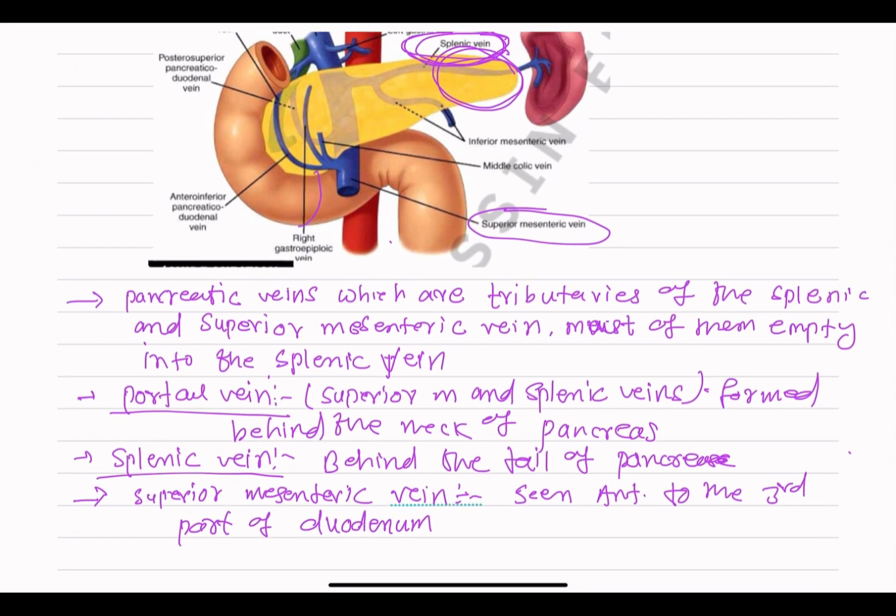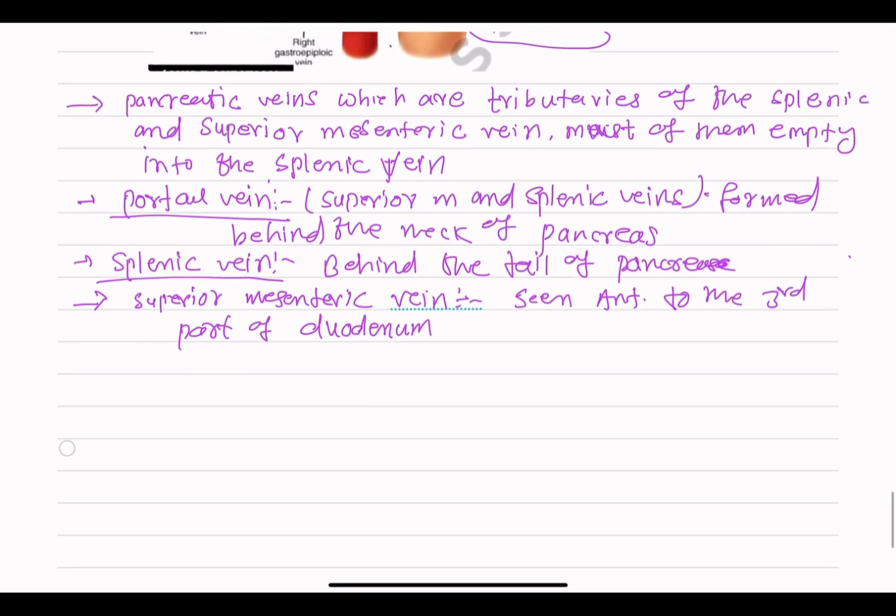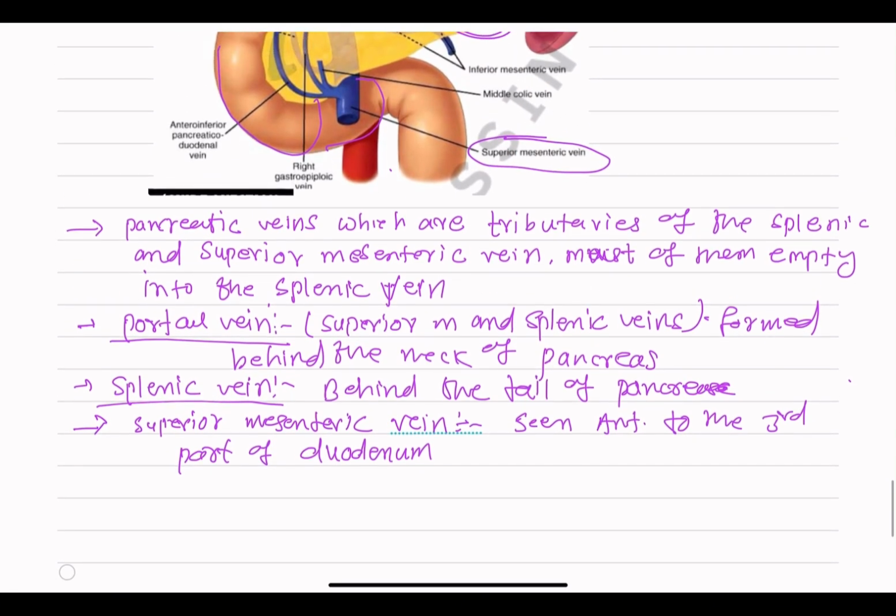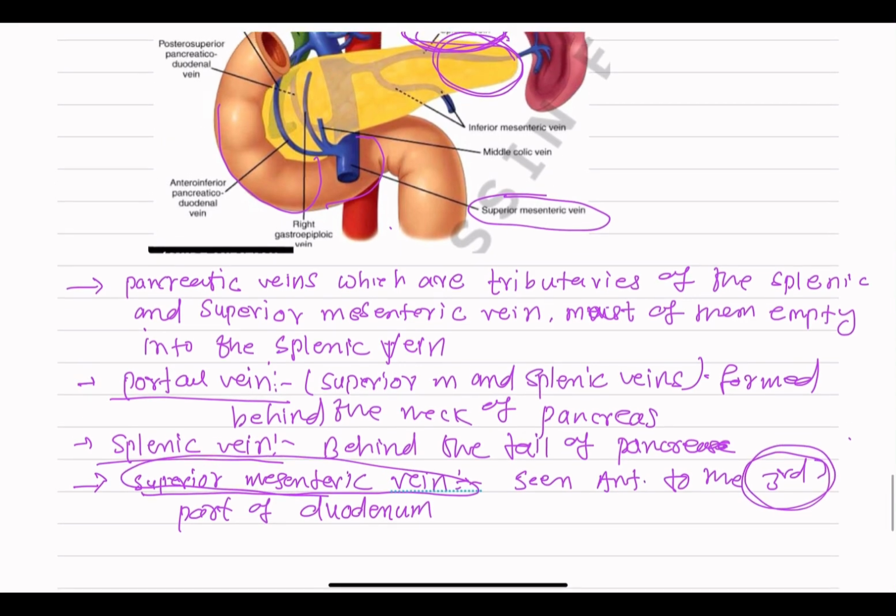That was the anterior second part, then the third part. So we also have to know the location of the vein. It is very important to know the superior mesenteric vein, its location at the third part of the duodenum, and that the head of the pancreas is located at the second part of the duodenum. So this is also very important to know.